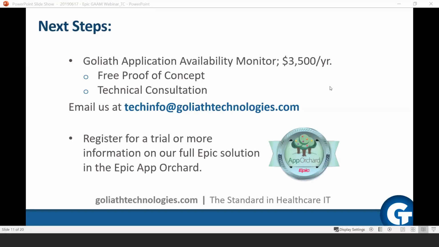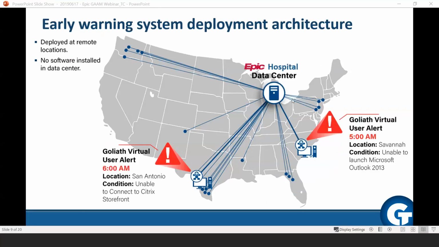Someone asked, is there an agent involved? There is an agent at one particular endpoint. So if you think back to the diagram, let's say you have a centralized data center, you would put one of the application availability monitors on premise at the hospital location, on a VM or a laptop. If you look at this particular slide here, this will give us a little bit of context. So here, for example, you've got a hospital in San Antonio.